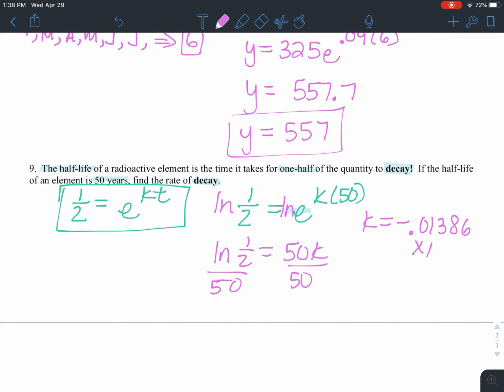Now, don't forget you need to multiply that by 100. So k's rate should be negative. Move that over, about negative 1.4%, or 9-ish %. There we go.